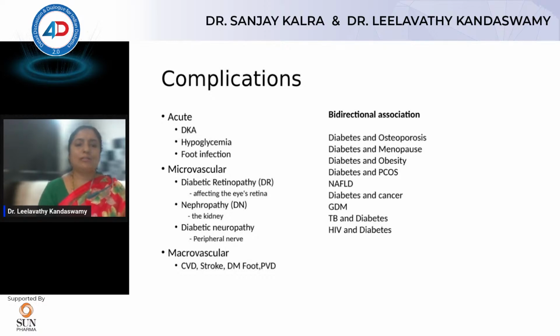And there is a bidirectional association of diabetes and other comorbidities. Either diabetes remains a risk factor for other comorbidities, or the other comorbidities can affect or make the control worse, which can affect the quality of life and increase the risk of complications, some of which we'll discuss in this presentation as time permits.